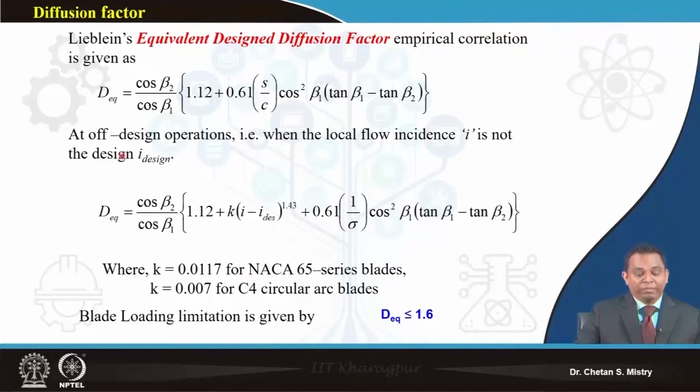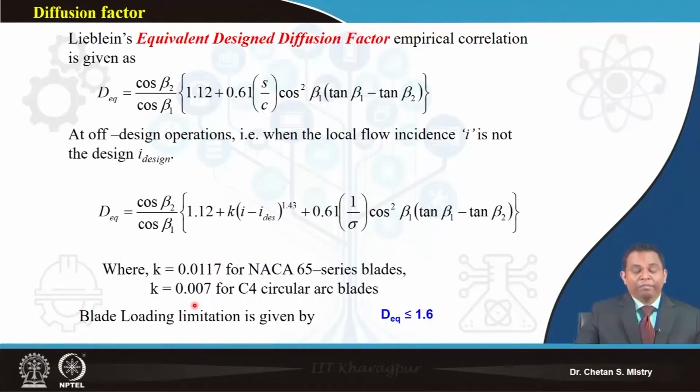So according to him, we can calculate the equivalent diffusion factor, which is nothing but the incidence angle at that particular incident minus the design angle, and this is the formula for that. He has introduced a parameter called the K parameter. According to him, this K will be 0.0117 for the NACA 65 aerofoil and 0.007 for C4 circular arc blades.